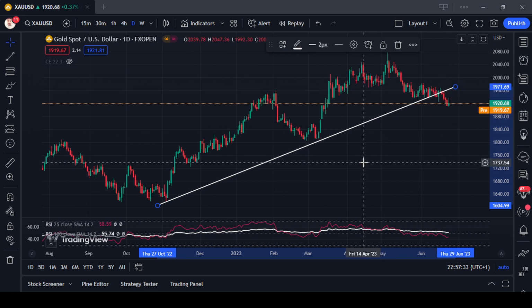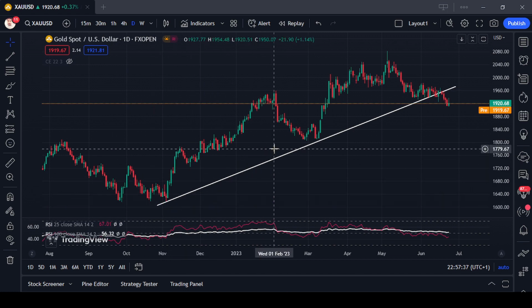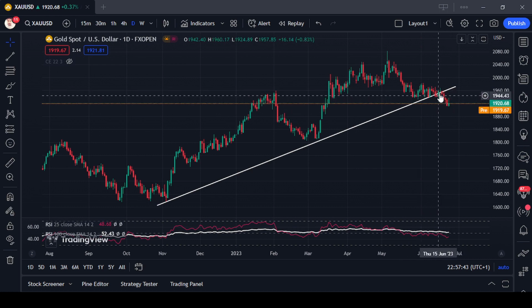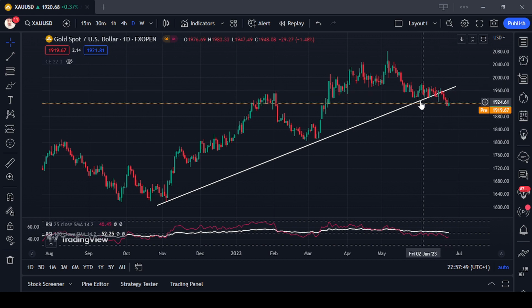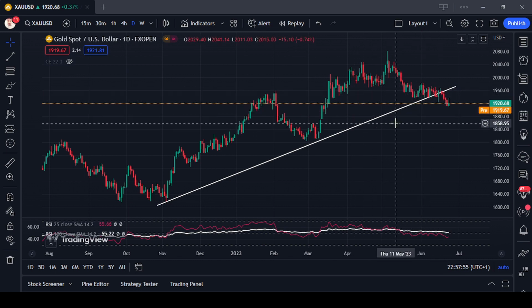As we can clearly see here, the gold was moving in the up direction previously, but at this position gold has broken this trend line. So now we can expect that the gold has shifted towards the sell trend and has broken its trend line.